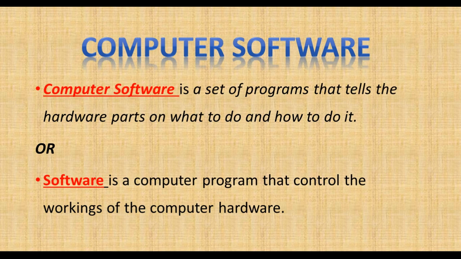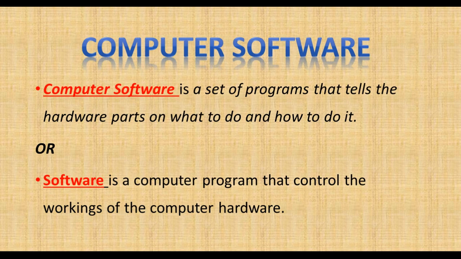So if one is missing, you will not be able to use your computer. You can have a keyboard, a mouse, a monitor, a system unit, but when there is no software, you cannot use those hardware parts. So hardware and software complement each other.